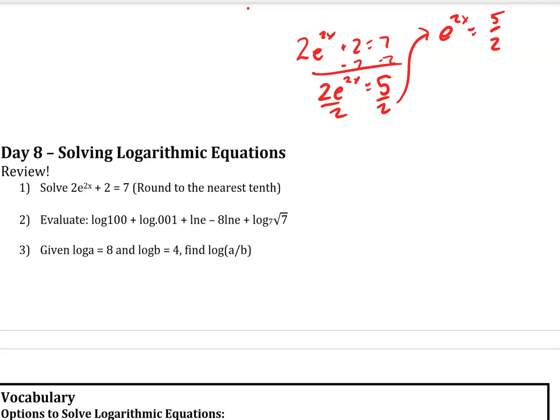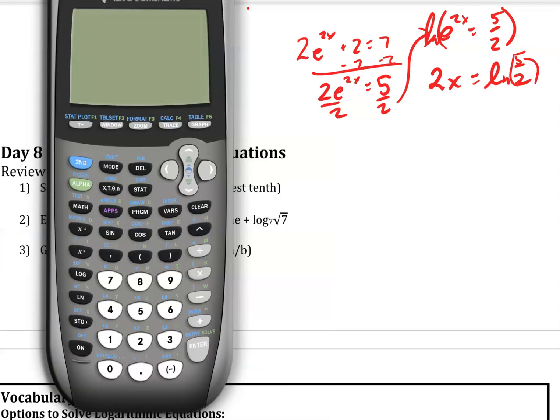So the next thing we're going to do is take the ln of both sides. So ln of e to the 2x is just the exponent, 2x, equals the ln of 5 halves. So we'll take out our calculator.